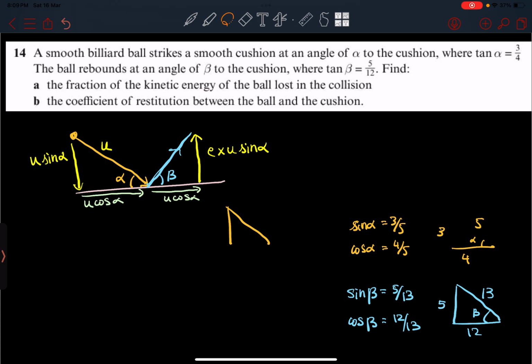Right, so the first thing that we know is that sine alpha is 3/5, so I can now change this as u times 3/5, which would then become 3u/5. Then u cosine alpha would similarly become 4u/5.